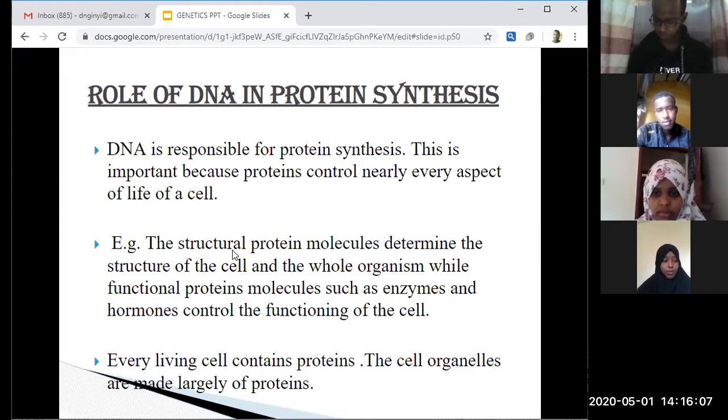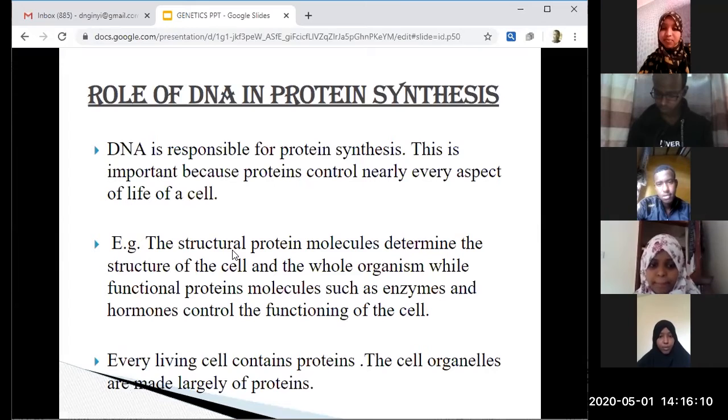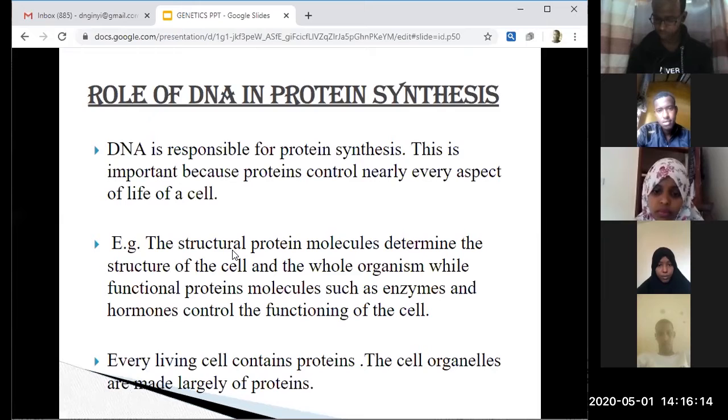Now, I want to give an example at this point, although I may have given this in our previous lesson. You have a gene in your skin, in particular the Malpighian layer of your skin, which has what we call melanocytes. Those are the cells that produce melanin. There is a gene which is responsible for synthesis of melanin.